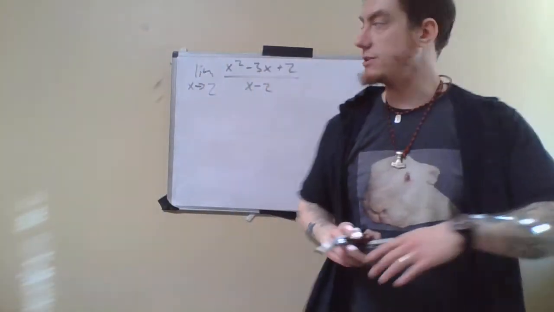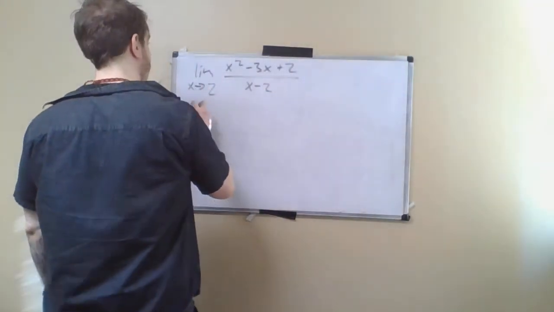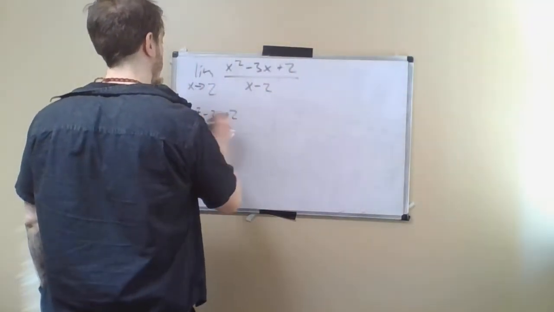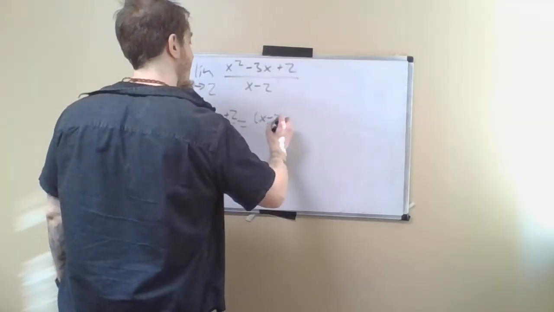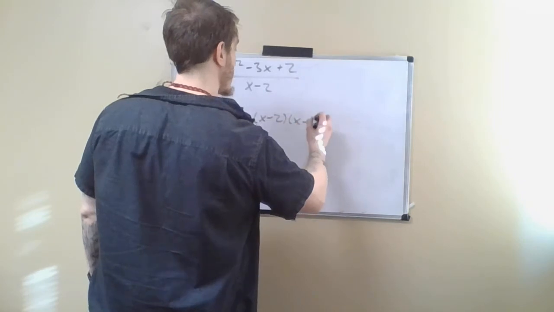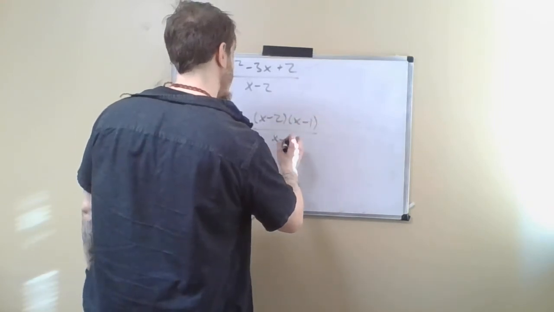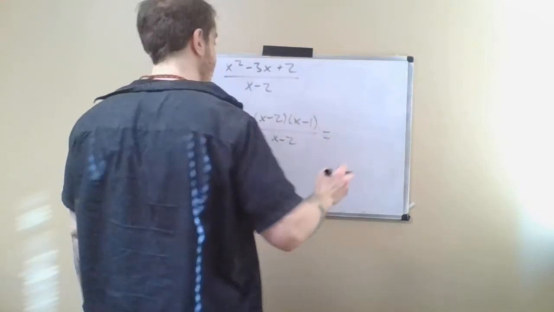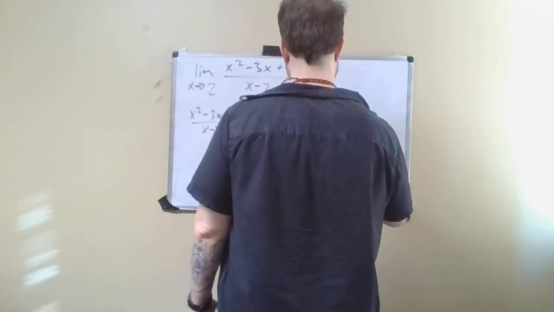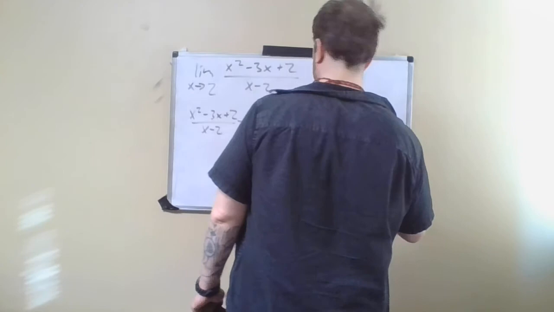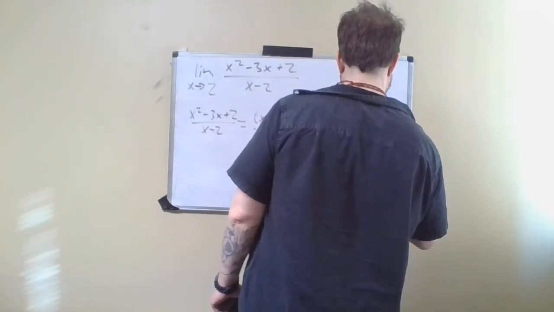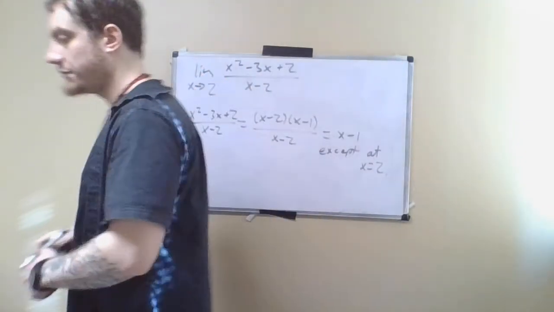Here's what we can do. We can say that (x squared minus 3x plus 2) over (x minus 2) is (x minus 2) times (x minus 1) divided by (x minus 2), and that is just equal to x minus 1, except at x equals 2.